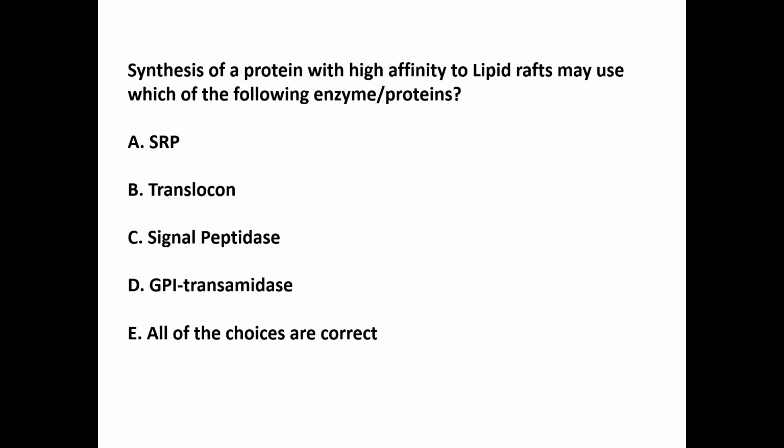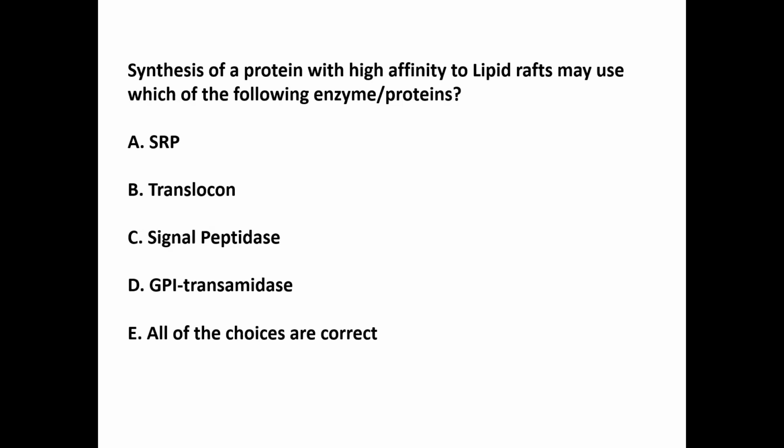The signal peptidase will chop its signal and it will go into the lumen. So a luminal protein which is in solution will never go onto the membrane. It must be inserted into the membrane before it can be in the membrane. If you understand that, then you will immediately not take any one of these.